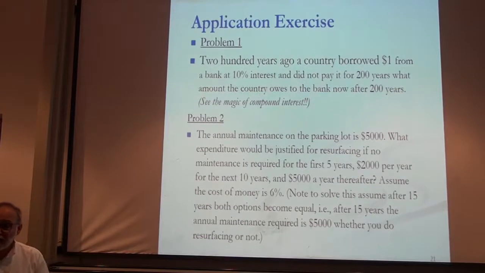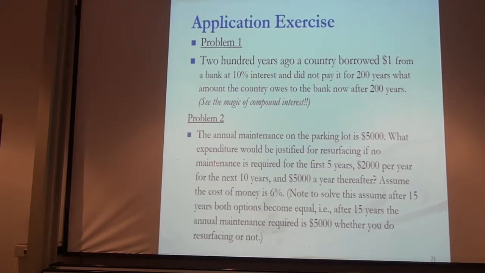So the question is asked, how much you are willing to pay, the maximum willingness to pay for this resurfacing. It says what expenditure would be justified for resurfacing, which means what is your maximum willingness to pay for this resurfacing option.